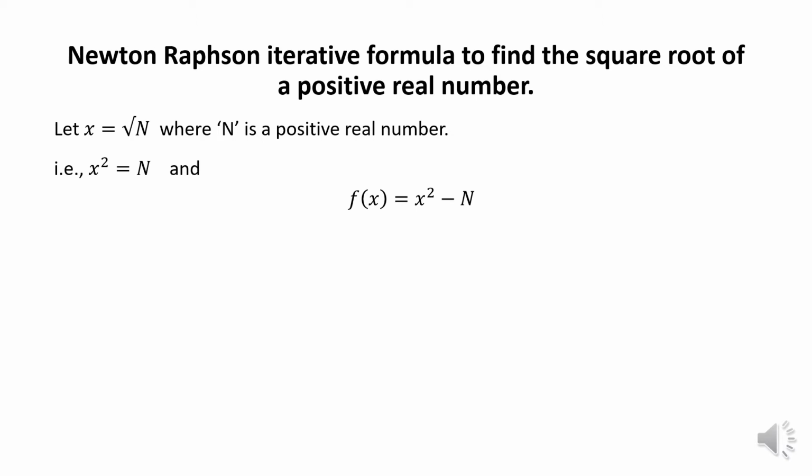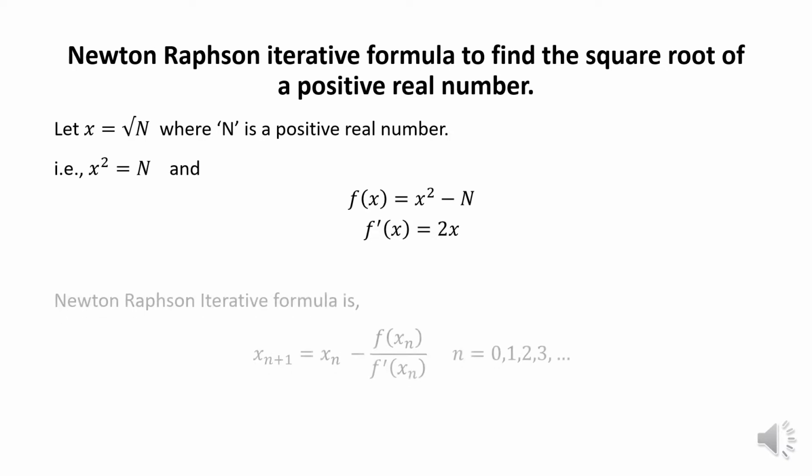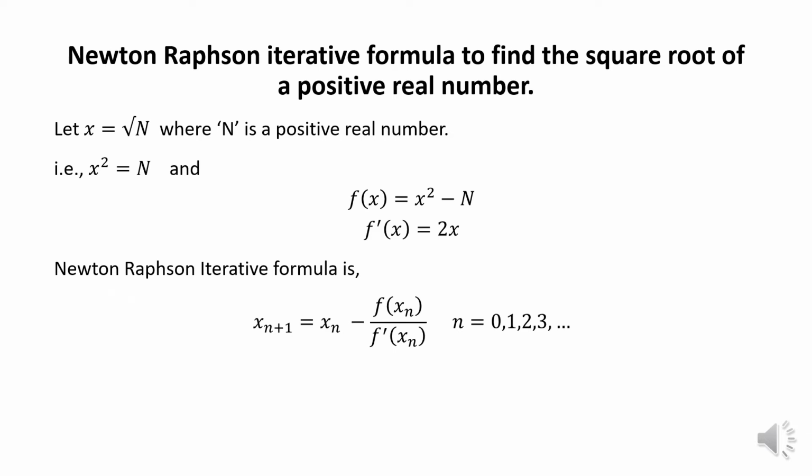Differentiating both sides with respect to x, we'll get f dash of x equal to 2x. Newton-Raphson iterative formula is x(n+1) equal to xn minus f of xn divided by f dash of xn, where n ranges from 0, 1, 2, 3 and so on.